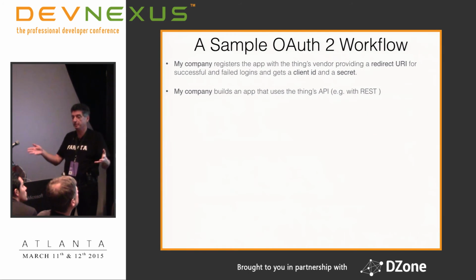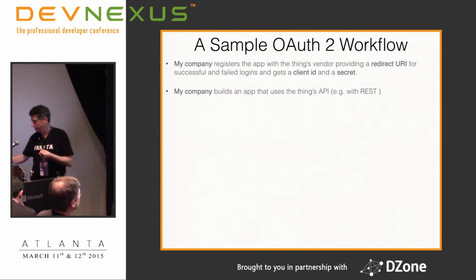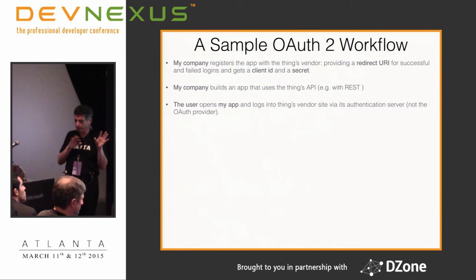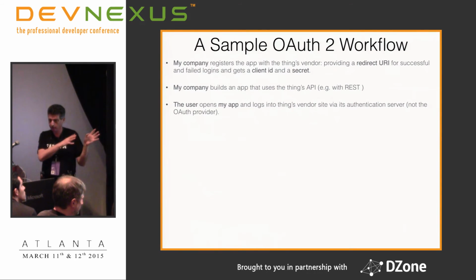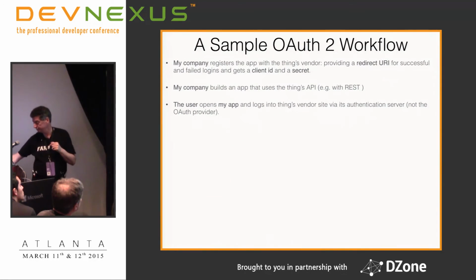Then my company built an application, like that simple screen. So authorized device, wait for the measurements and everything. Then the user, again, if you remember the demo, I just did all that in front of you. The user opens up my app and logs into the vendor using a standard login window.